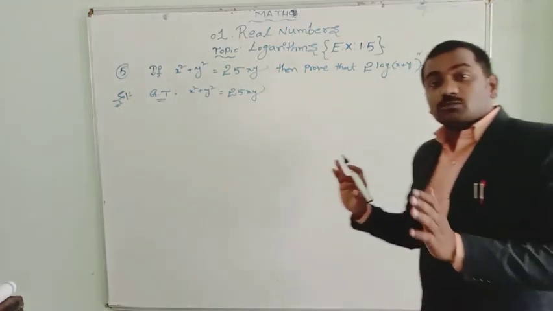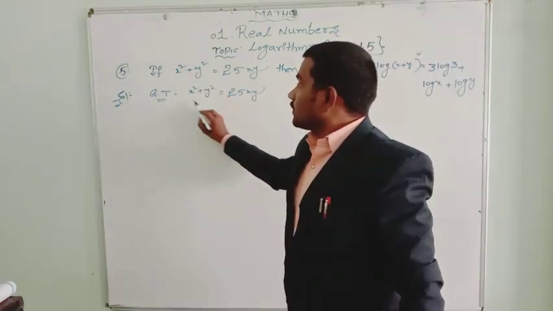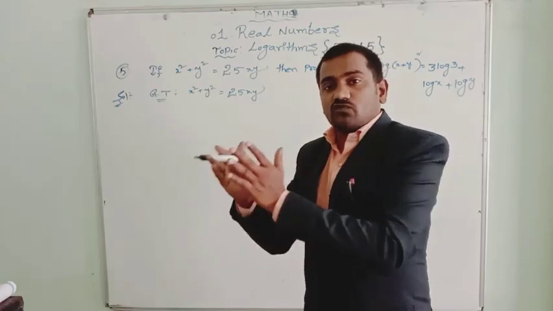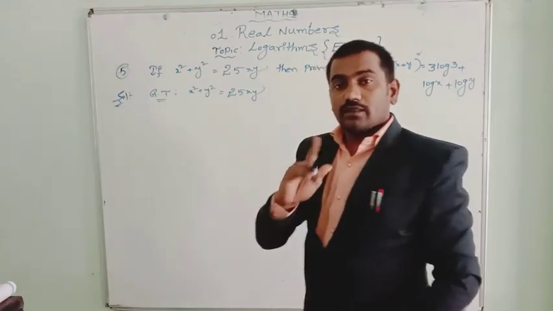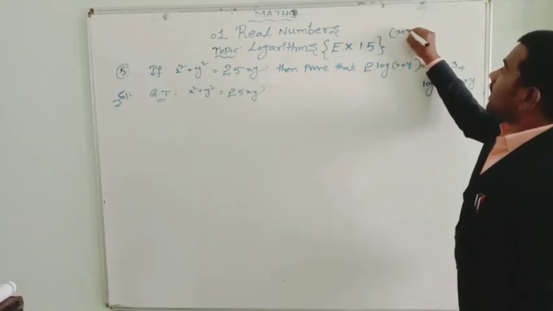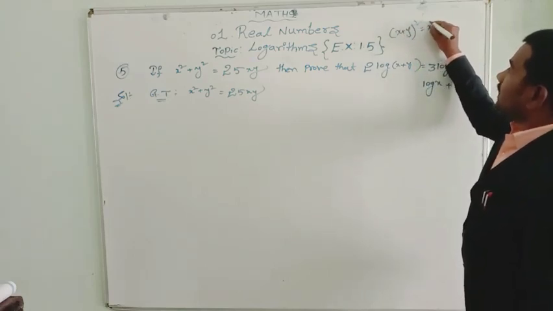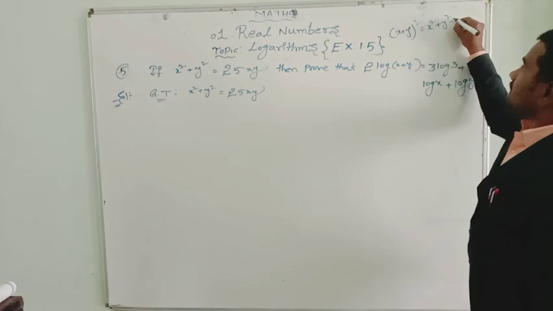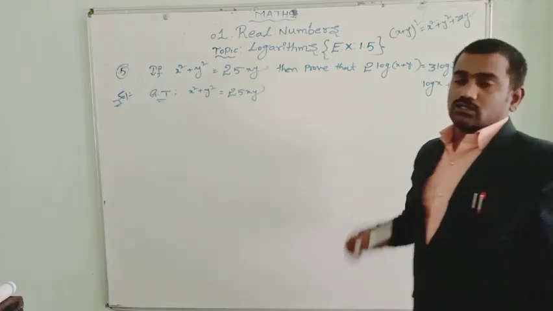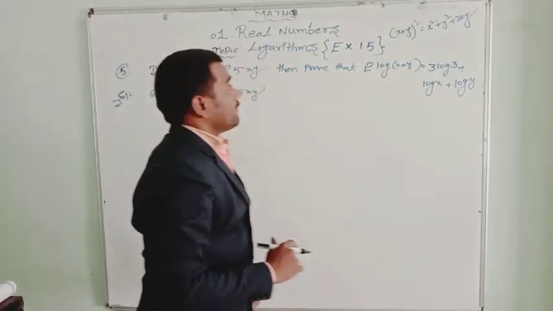So where x plus y whole square equal to x square plus y square plus 2xy, that you know. Here 2xy, so remember.